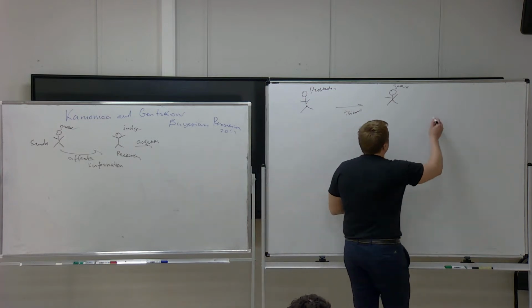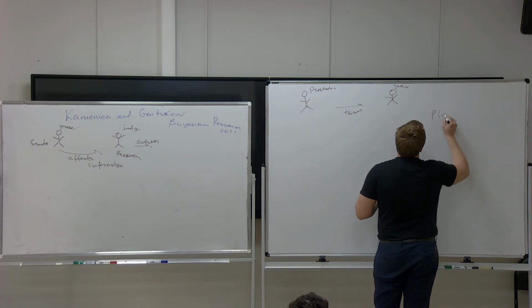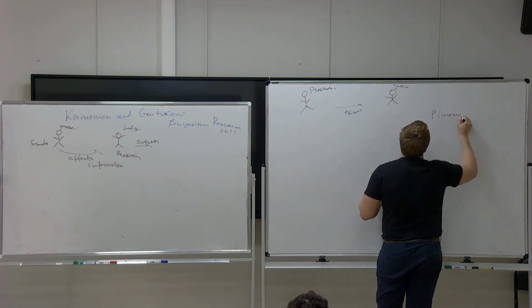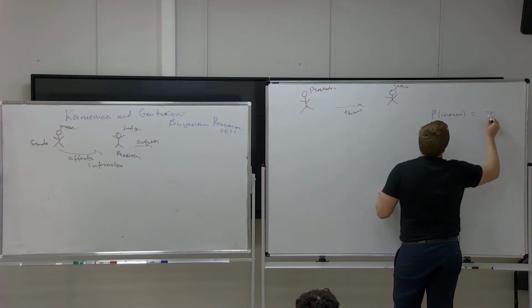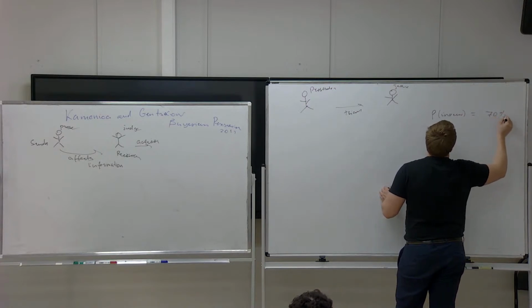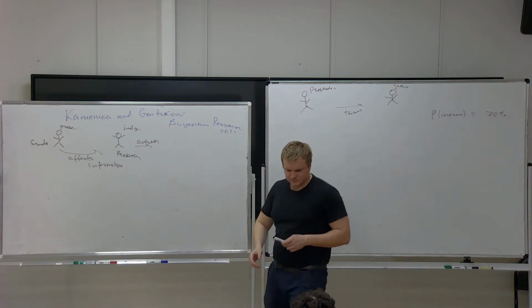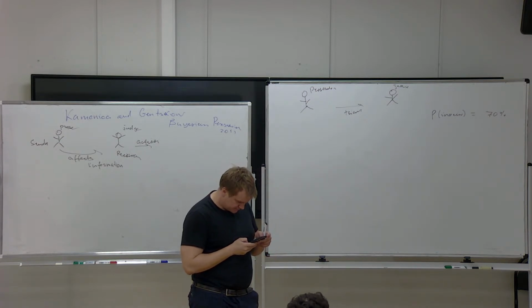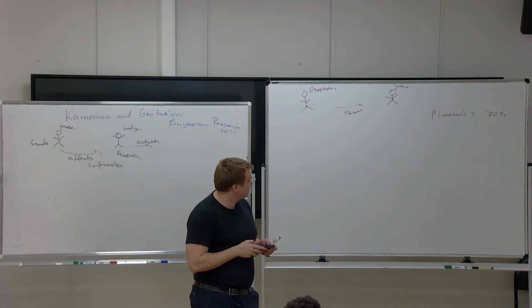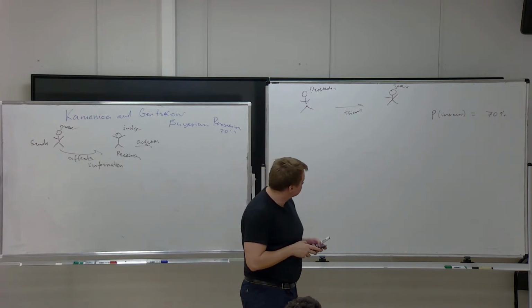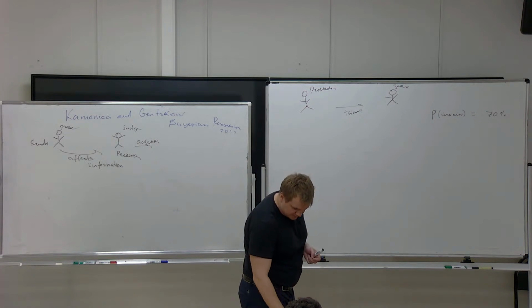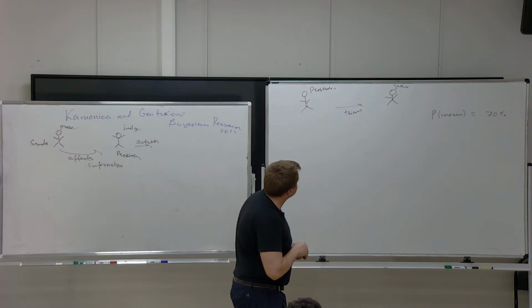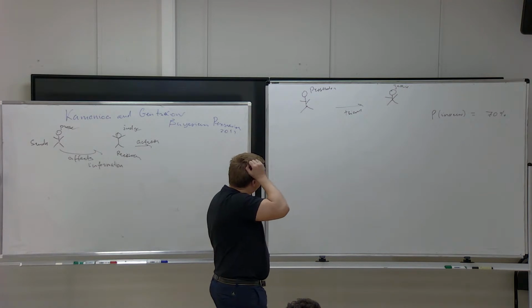So the probability of innocent is 70%. The probability of guilty is 30%.